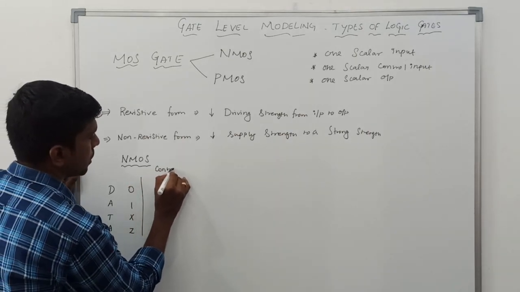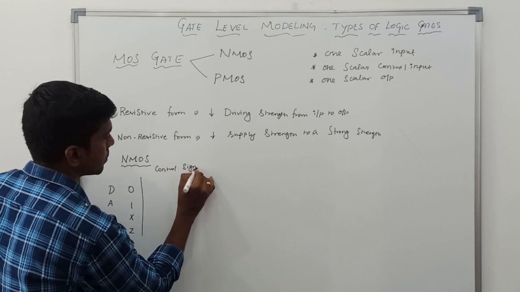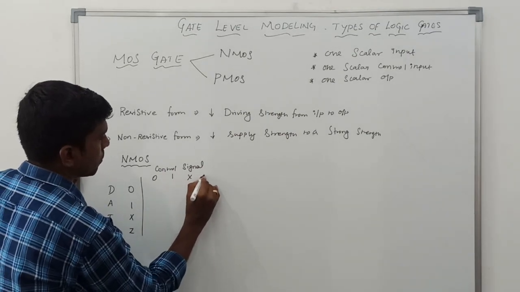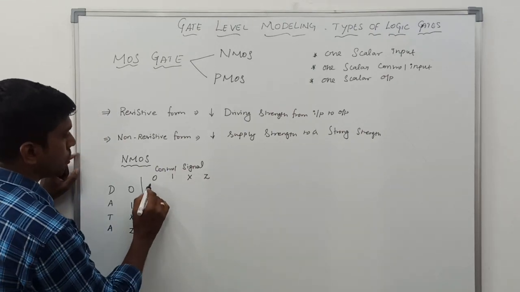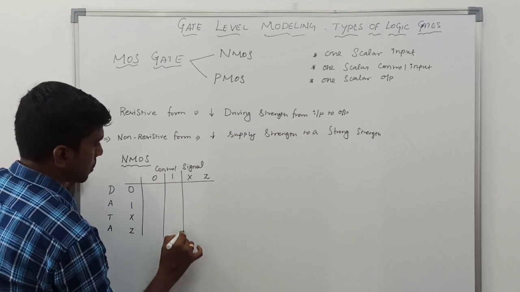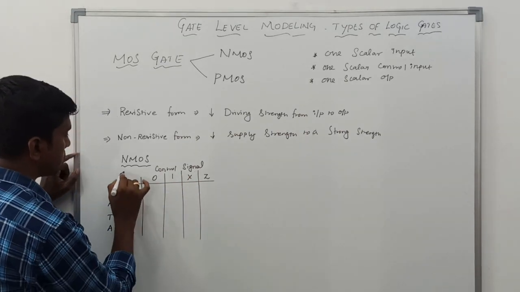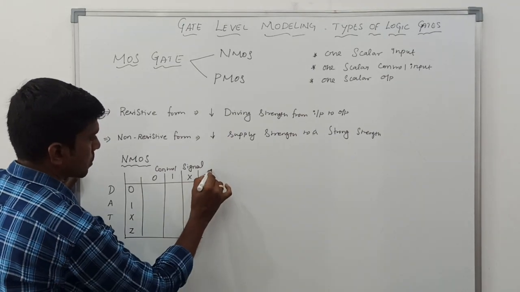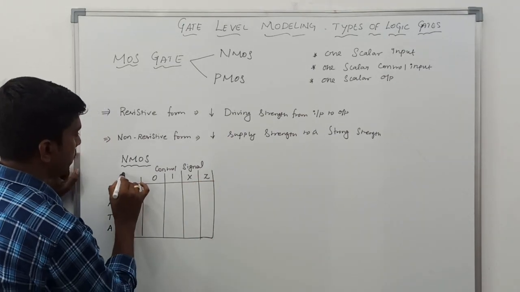Then the control signal values are 0, 1, unknown value, Z. These four are considered as control signals. Based on the control signal, the input is connected to the output. So that we will verify.